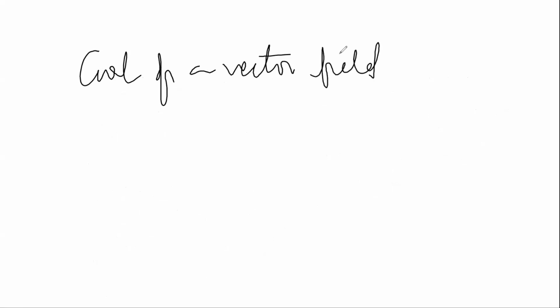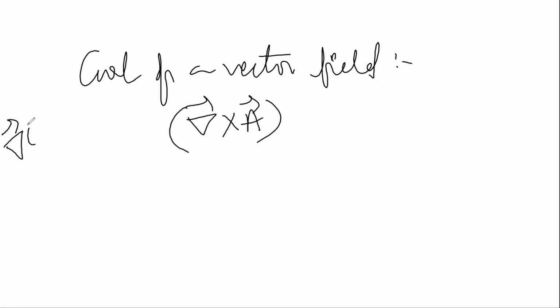Now we'll go for curl. Curl of a vector field is given by del cross A. If my vector field is A bar, then the curl of the vector field is given by del cross A. We have learned the gradient of a scalar function, the divergence of a vector field, and now this is curl.